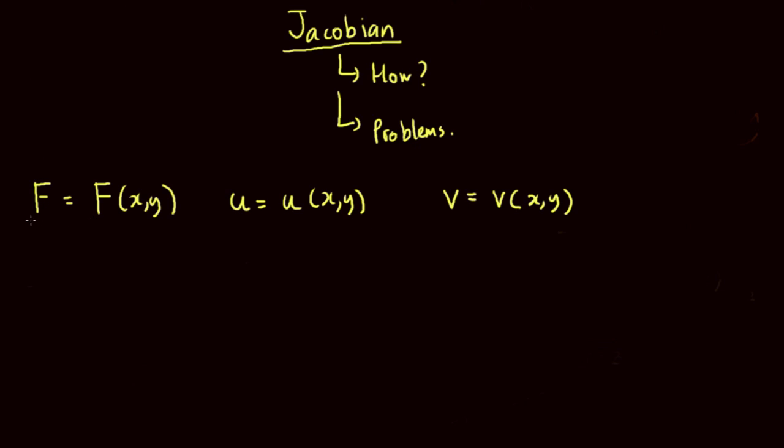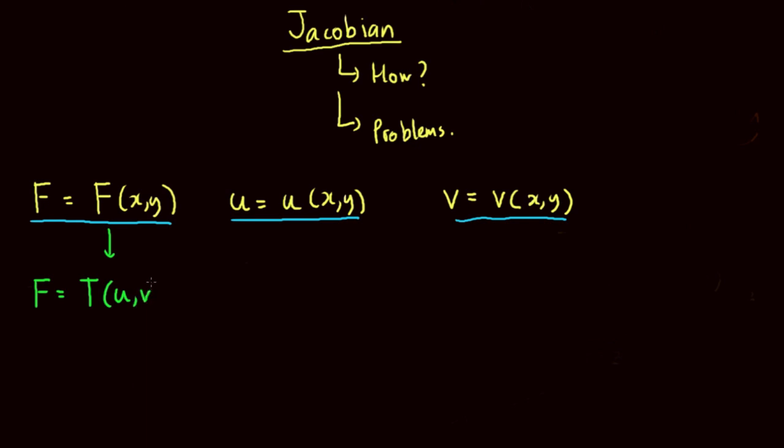So we have the function f that's expressed in terms of x and y, a function u that's also expressed in terms of x and y, and a function v that's expressed in terms of x and y. Since we can express f in terms of x and y, we can also express f in terms of a function of u and v.